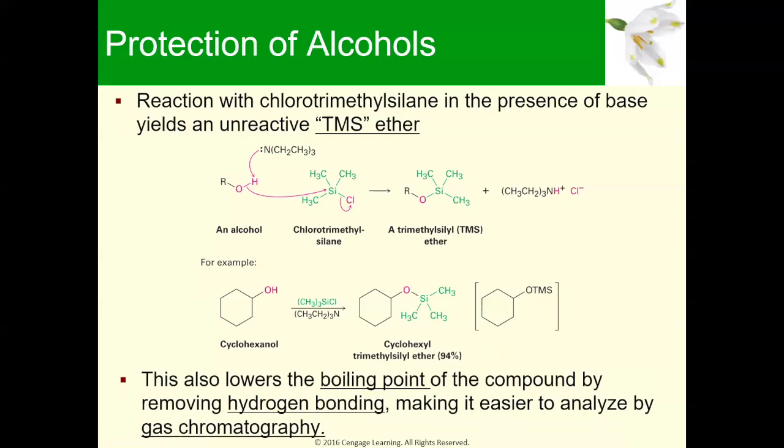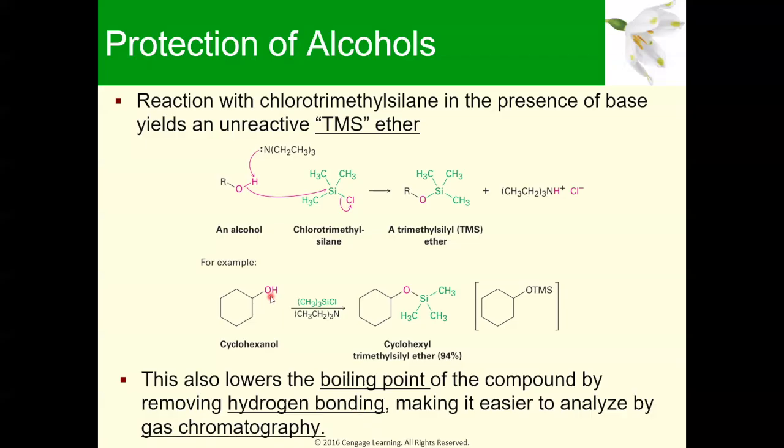So the other important thing to know about doing this is that it lowers the boiling point of the compound, because you're removing that hydrogen, which was the cause of hydrogen bonding, which of course elevates the boiling point. So it makes it easier to get it into the gas phase, and therefore it makes it easier to analyze by gas chromatography.